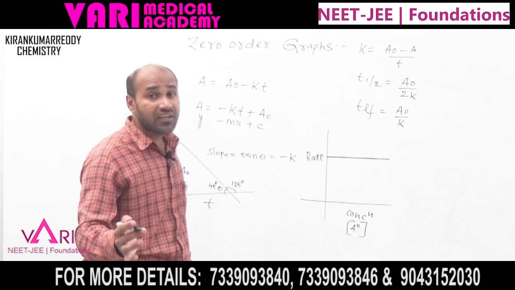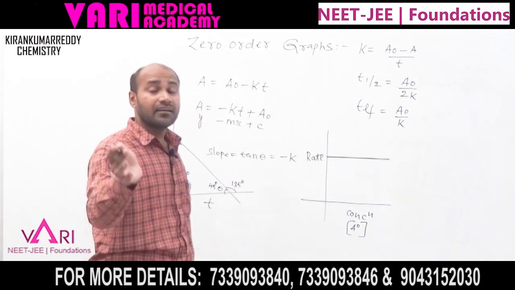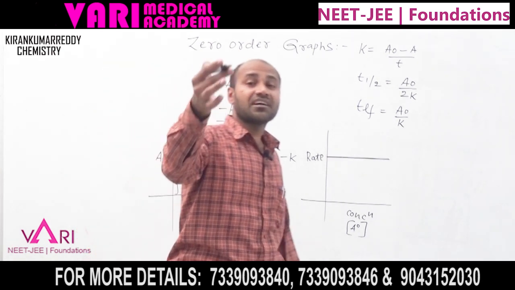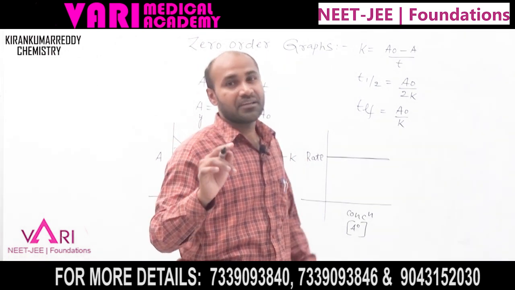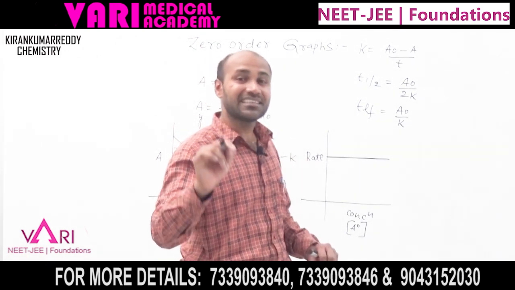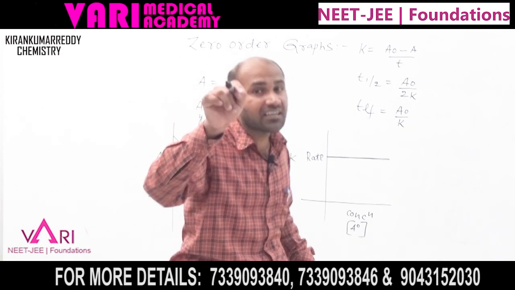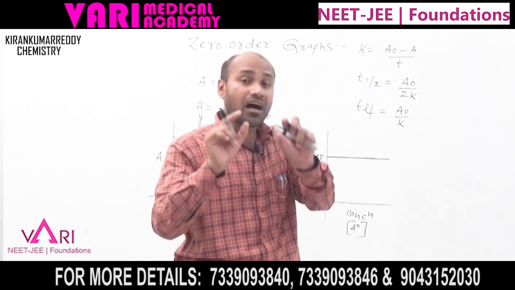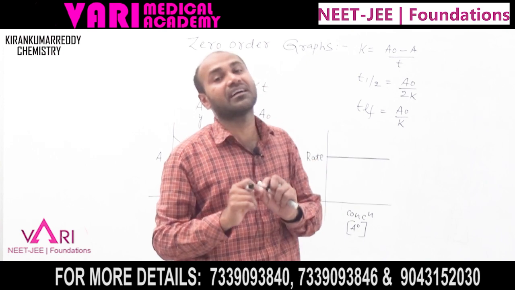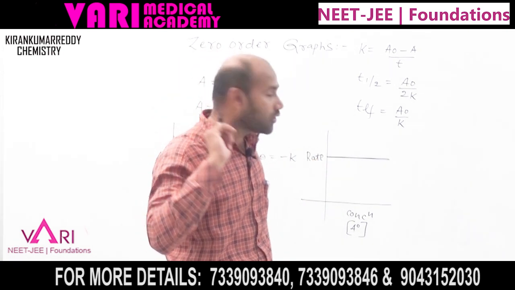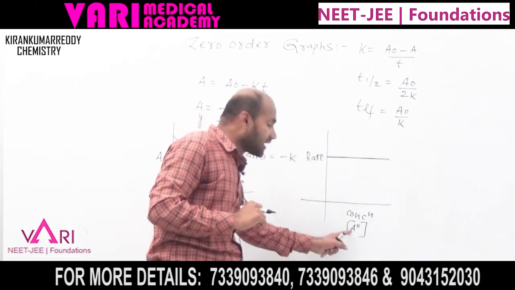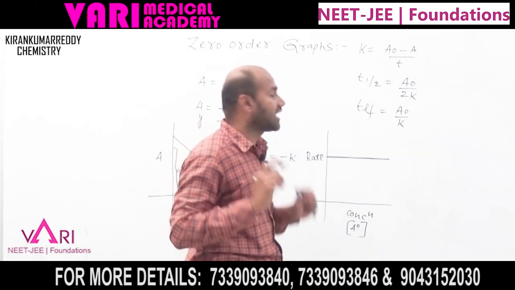For first order, the rate depends on the initial concentration of reactant, but the half-life does not depend on the initial concentration of reactant. For zero order, the rate does not depend on the initial concentration of reactant.